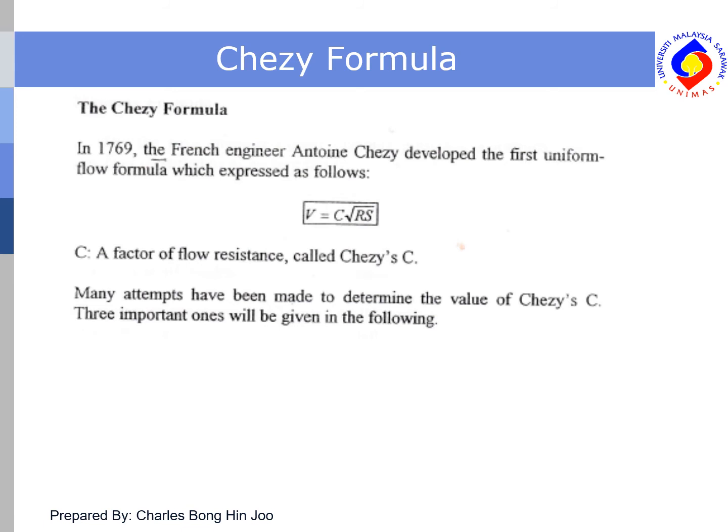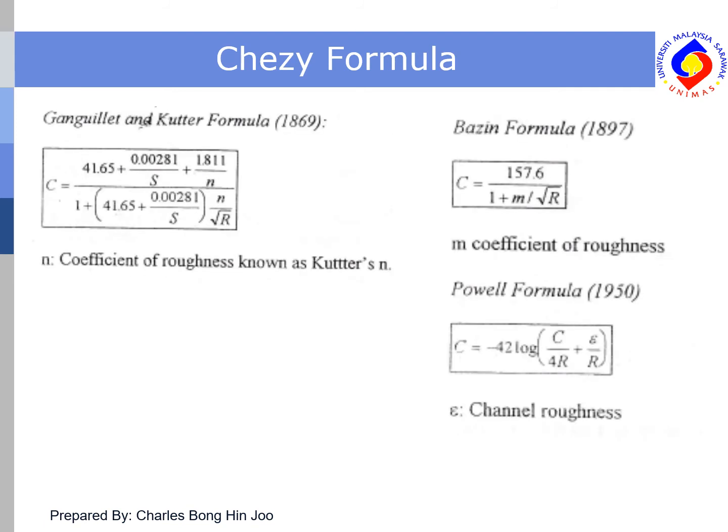The Chezy formula is expressed as V equal to C multiplied by the square root of RS, where C is a factor of flow resistance called the Chezy C. Many attempts have been made to determine this Chezy C value. For example, attempts by Ganguillet and Kutter in 1869, Bazin 1897, and Powell in 1950.